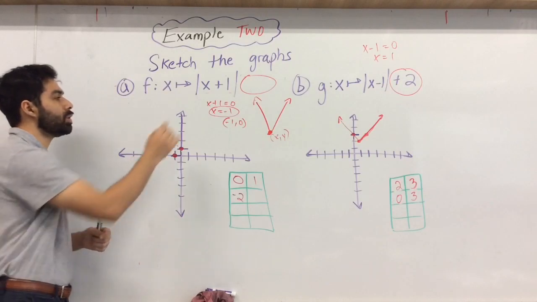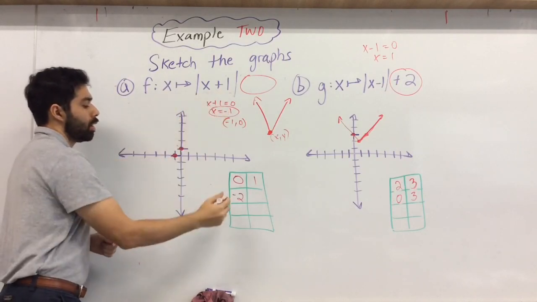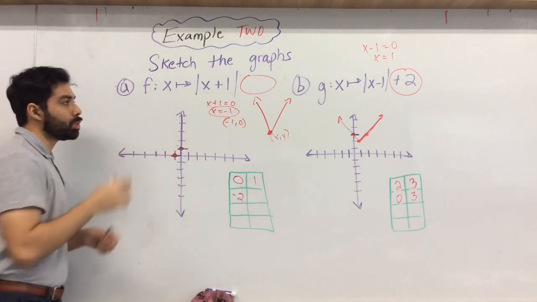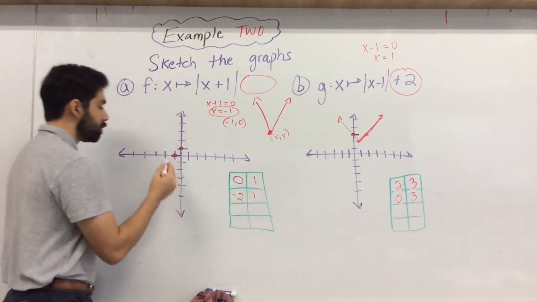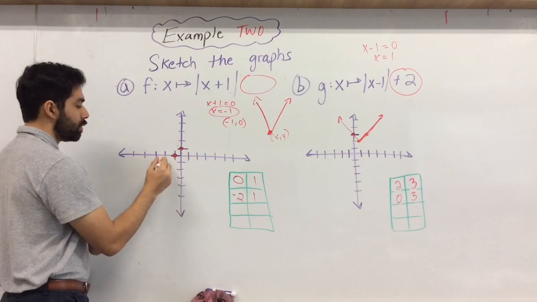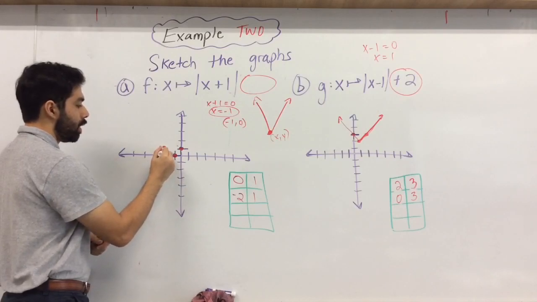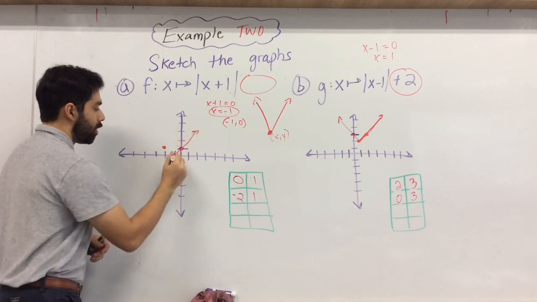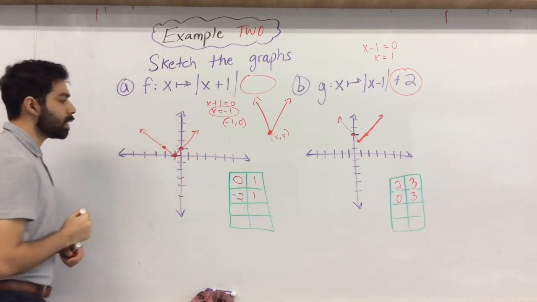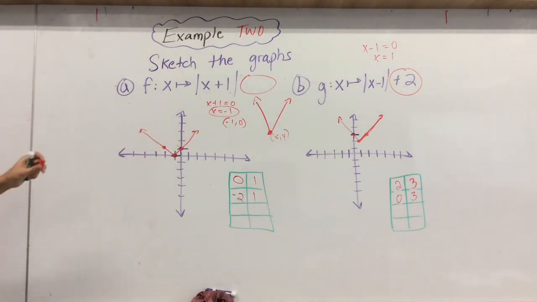So when I plug in negative 2 plus 1 is negative 1. The absolute value of negative 1 is just 1. So when I graph negative 2, I end up getting 1. And again, you can see that graph forming. So here's how you graph A and B.